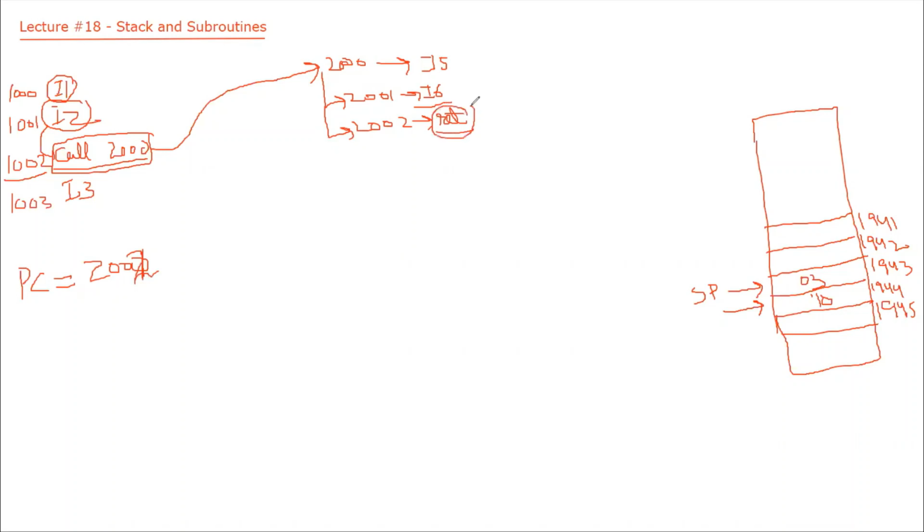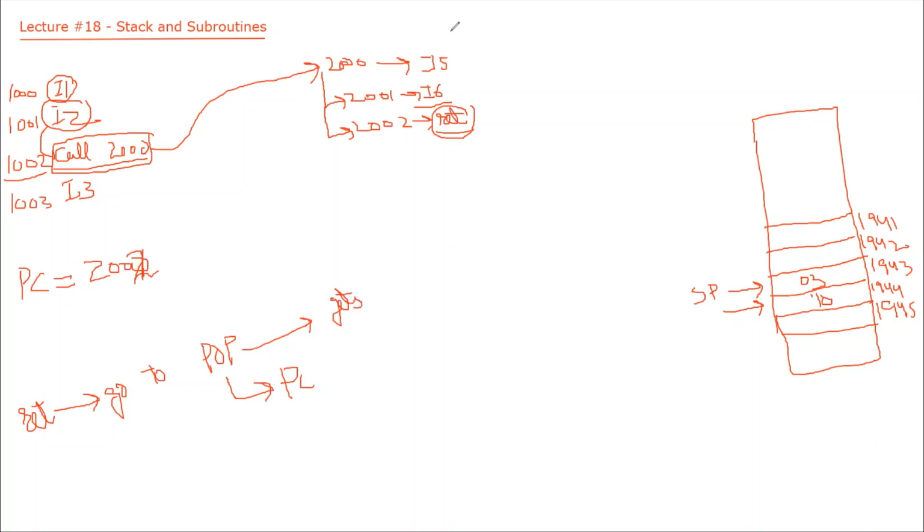When we are executing a return, what is return doing? A return is saying go to stack and do a pop and store this data in program counter. Okay. What is pop doing? Pop gets data and does an increment.